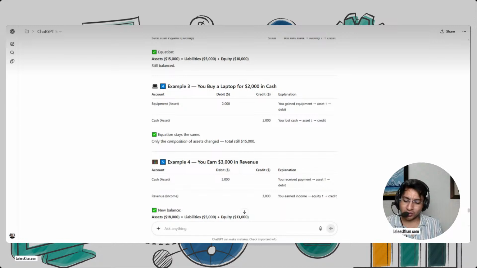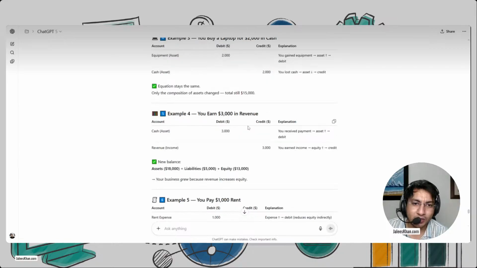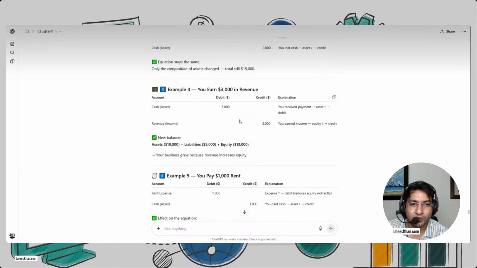So I would know that okay, these 2,000 are gone, and have been converted into another value of equipment, which is owned by my company and comes under my company assets. So that's what it is, the recording of the transaction. So yeah, hopefully we get this point.